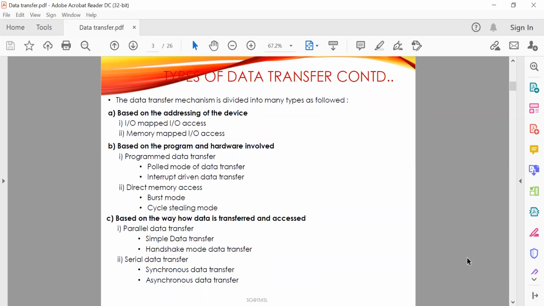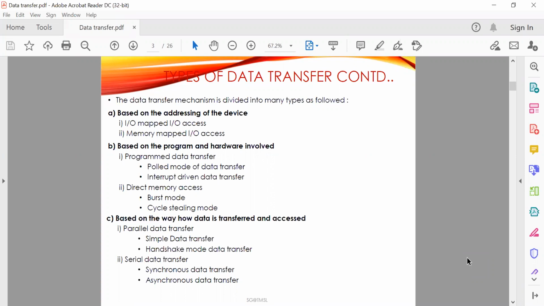Okay, so this interrupt driven data transfer is very advantageous, as data transfer is done only when the device is ready. The processor need not wait until the device is ready. So here the processor can execute some other main routine, and the data transfer program will be executed as different ISRs.